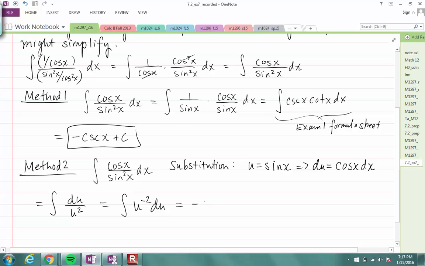So overall negative u to the negative 1, indefinite integral, so we attach our plus c, and then let's write this as negative 1 over u, where u is sine x, just to convince you that we get the same result here. Negative cosecant x plus c, so we got the same thing. And that's it.